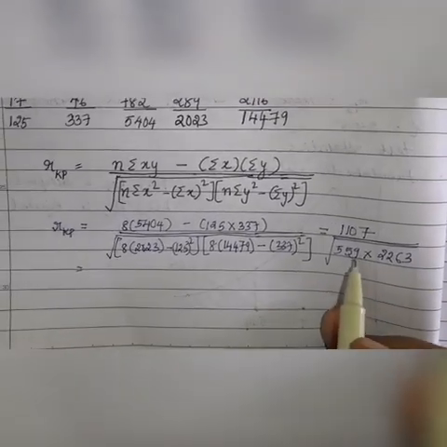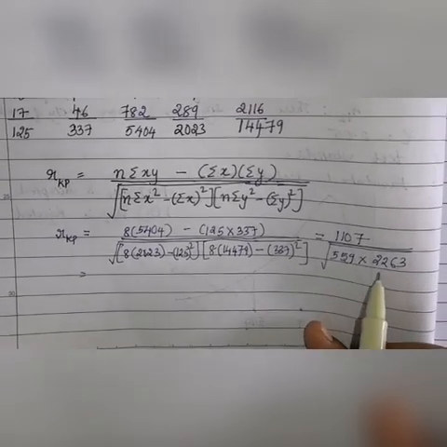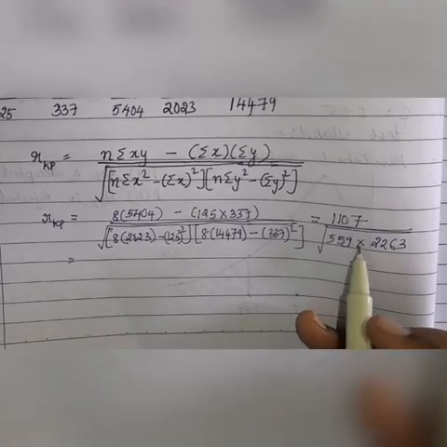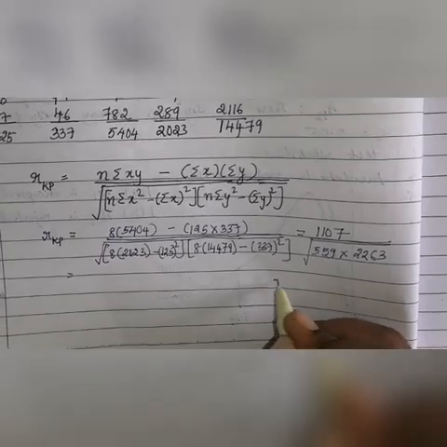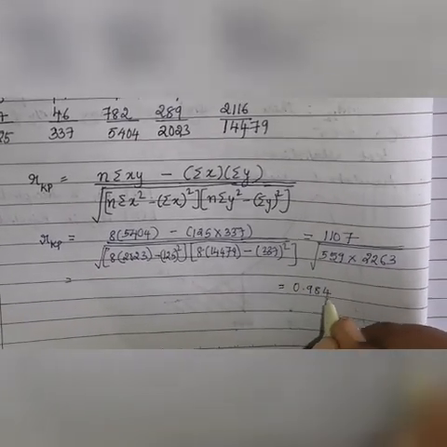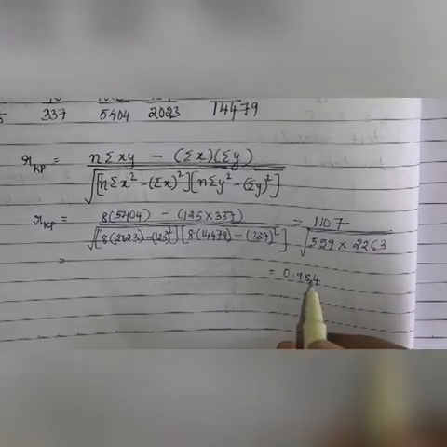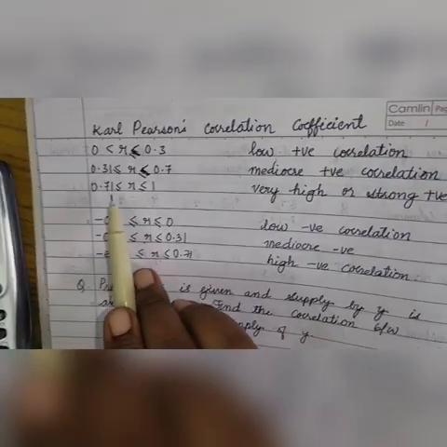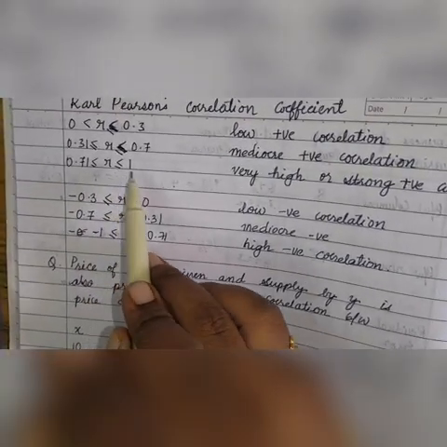So after substituting the values and simplifying, we get 1107 by square root of 559 into 263. On further simplifying, you get the value as 0.984. So the value here lies between 0.7 less than or equal to r less than or equal to 1.